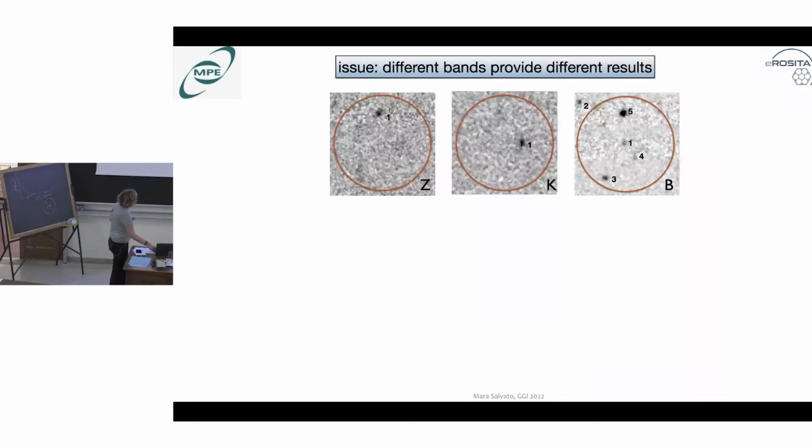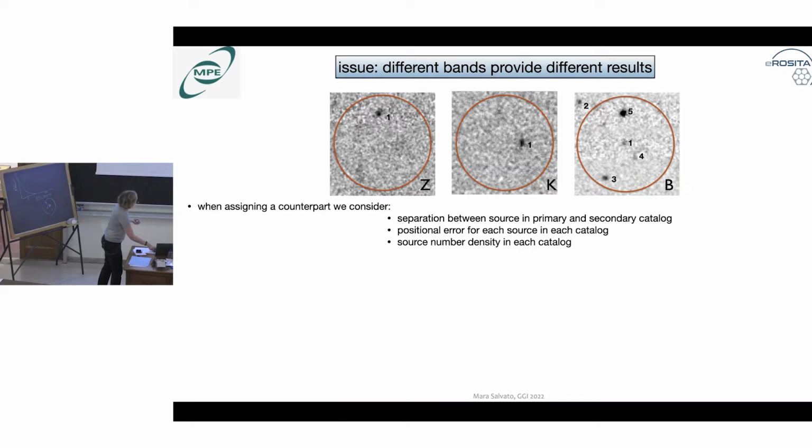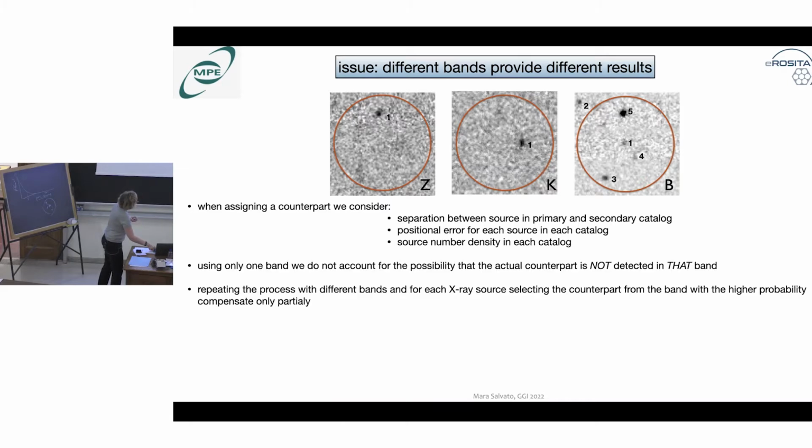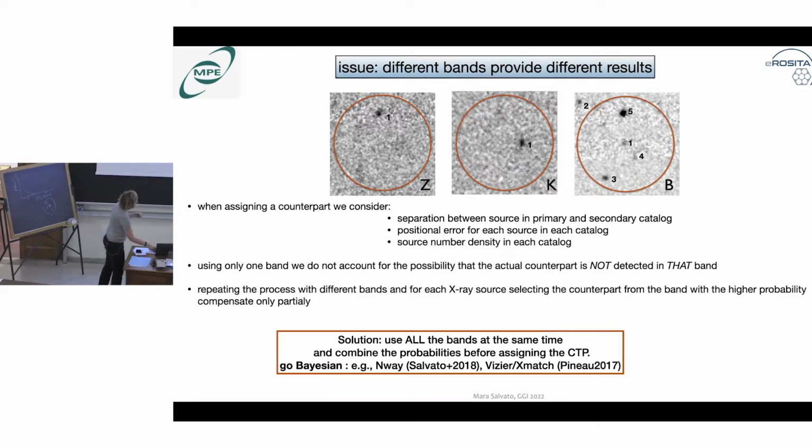There is also something more interesting. You can combine in Bayesian statistics all your catalogs at the same time and account for the probability that your object is the right one, also accounting for the fact that in some bands your object is not seen. So, with the code that I had my student make, we created a Bayesian code called N-way, just because you have N catalogs.